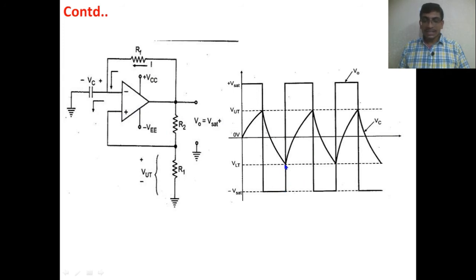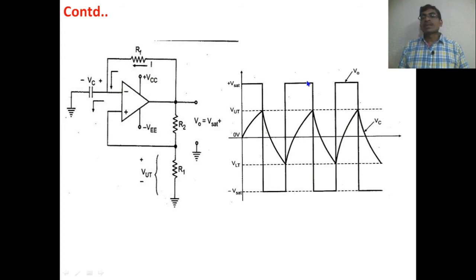Because if you observe, this capacitor is charging towards the negative, and when the charged voltage goes down below the lower threshold voltage, we can say VLT is greater than the Vc voltage. At that time, the output switches from minus V saturation to plus V saturation.